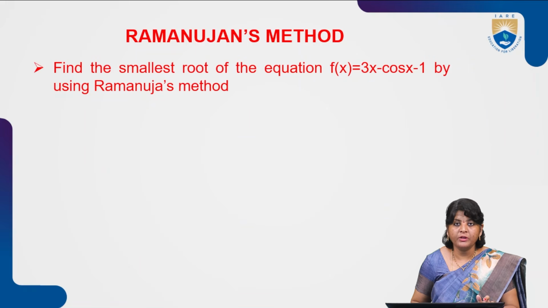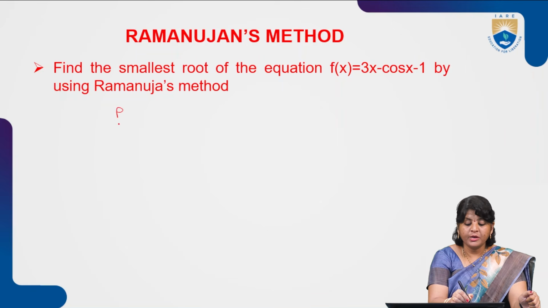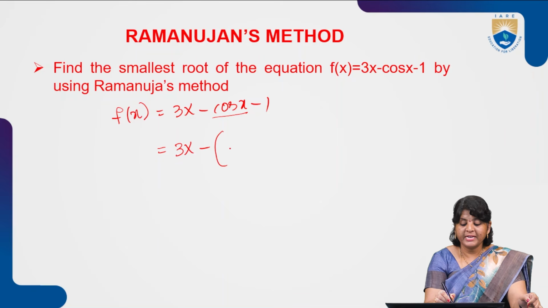Here is an example where we can apply Ramanujan's method to find the smallest root. Only the conversion we need to consider here. When f of x is given, this we need to change. Here cos x is given. So here we need to implement the cos x expansion.